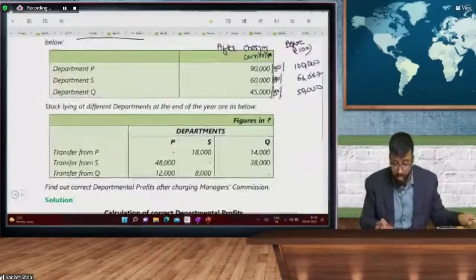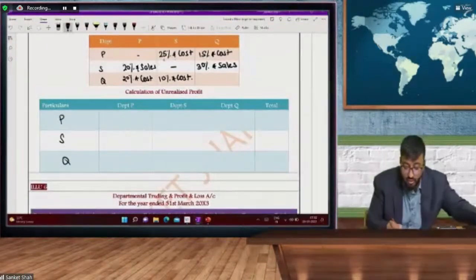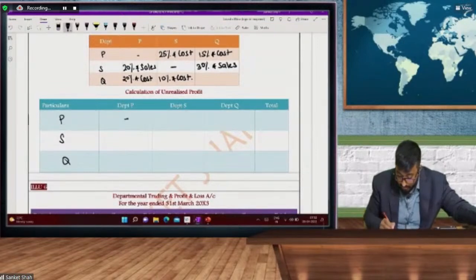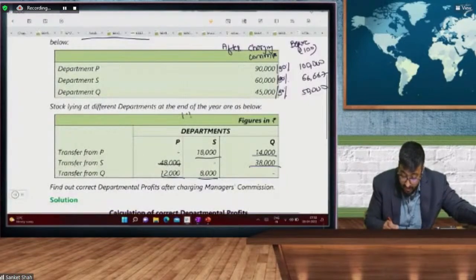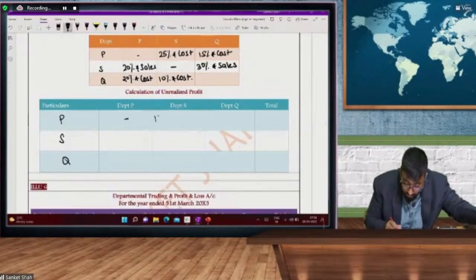Now what are the stocks? 18, 14, 48, 12 and 8 and 38. So beta, 18,000. Now 18,000, 25% on cost. See, this is invoice price. Stock with the other department is at invoice price. So Pooja ji, there is stock of 18,000.